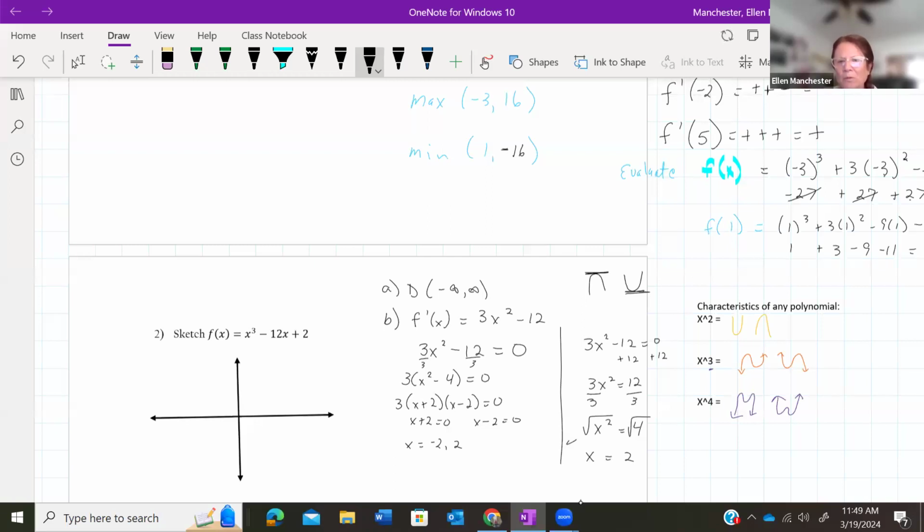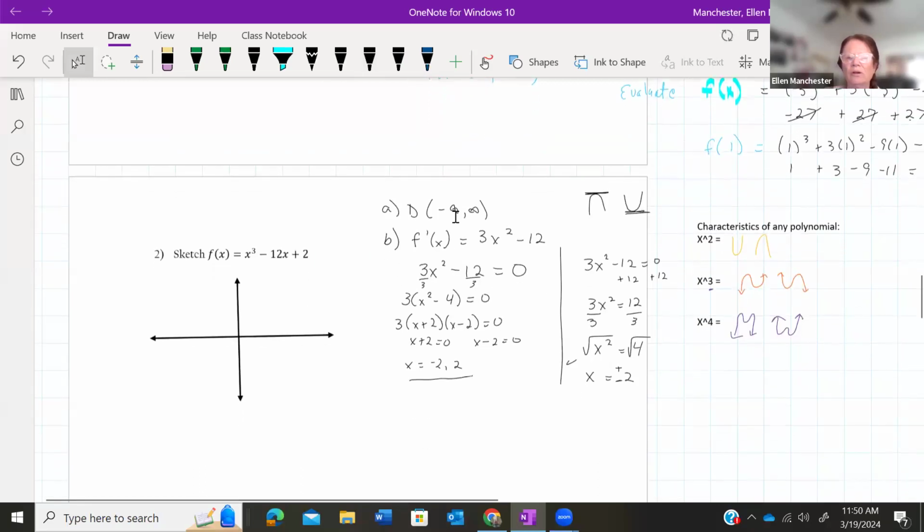This is where people make their mistake. When you square root, there will always be 2 answers. You have a +2, but you also have a -2. When you factor, you actually get the positive and -2. If you do it this way, then you have to remember, oh, when I square root, I get a positive and a negative. It's not incorrect. It's just one thing that you have to remember to do.